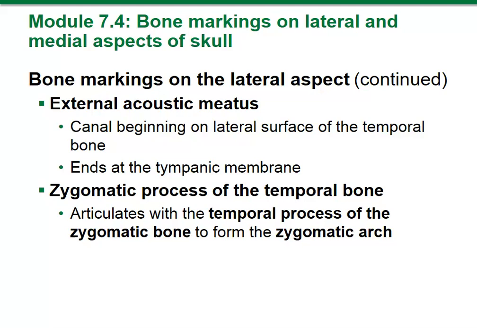The zygomatic process of the temporal bone articulates with the temporal process of the zygomatic bone. That's the zygomatic arch. So closer to the temporal bone, this part is called the zygomatic process of the temporal bone. As we move further into the cheekbone, though, that is the zygomatic bone.